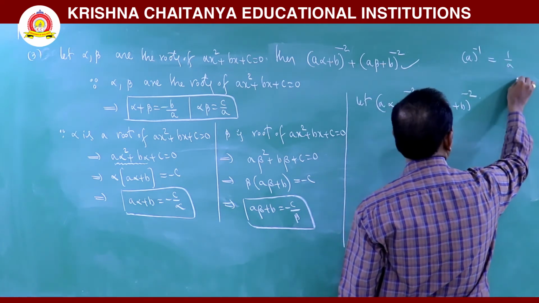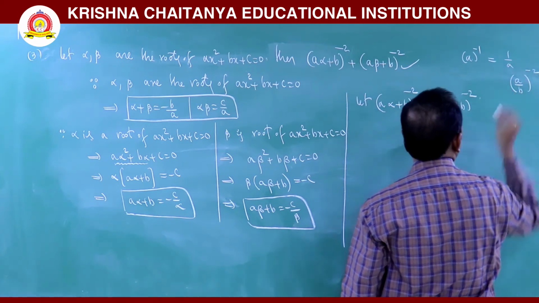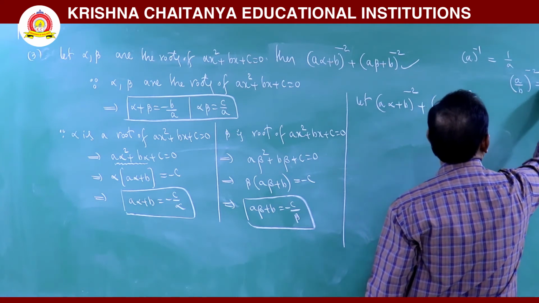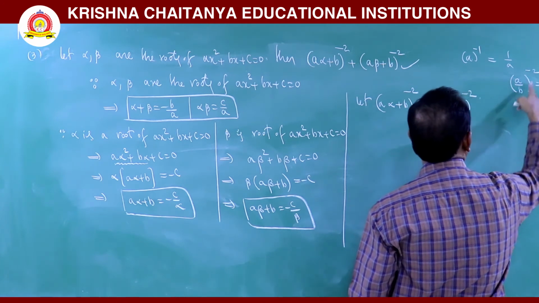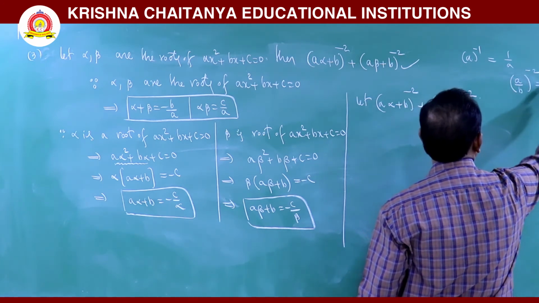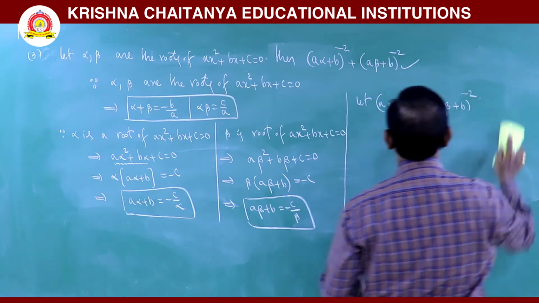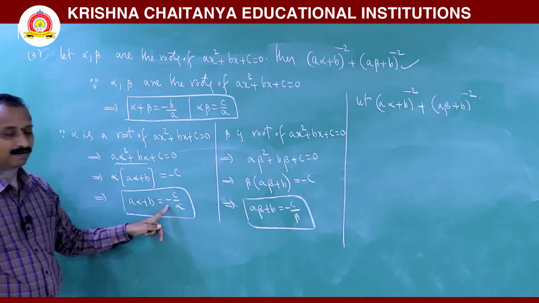Otherwise, for example, (a by b) whole to the power of minus 2 can be written as (b by a) whole square, by taking the reciprocal. So using this basic, a alpha plus b value is minus c by alpha.